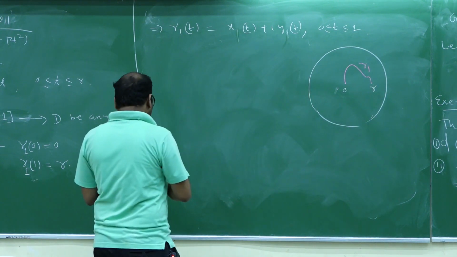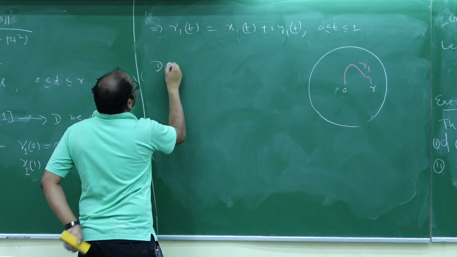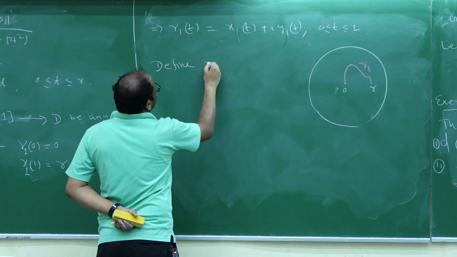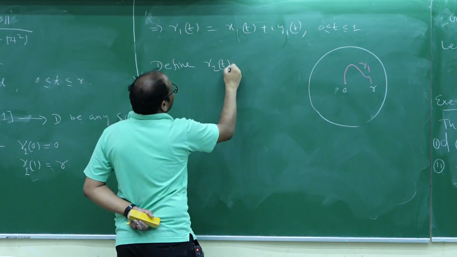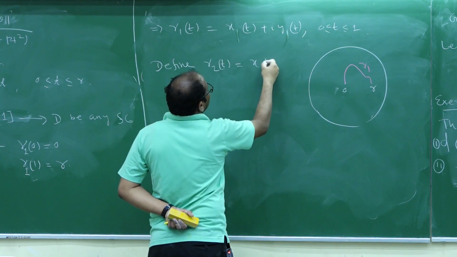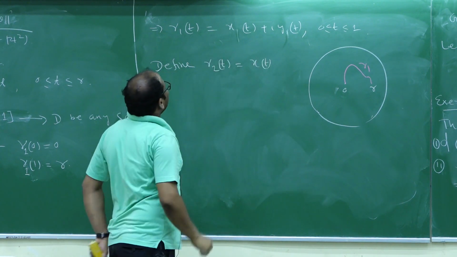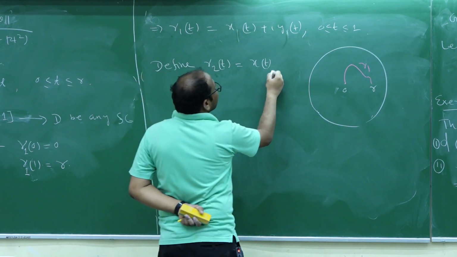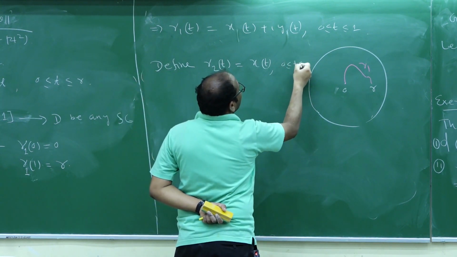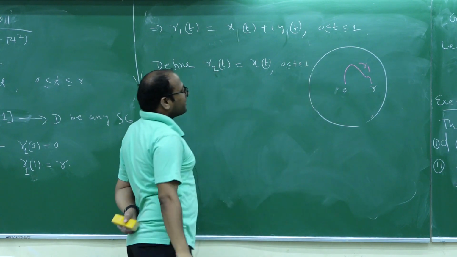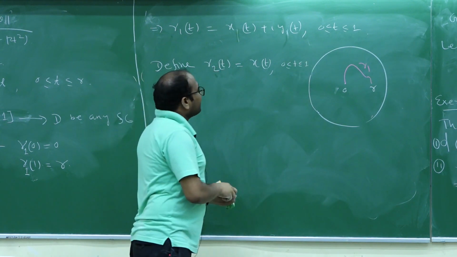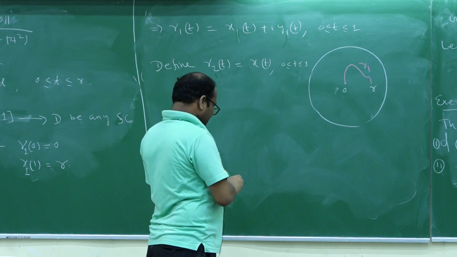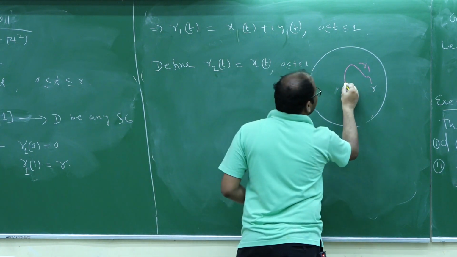Now I define a new curve, gamma 2(t). I am using this gamma 1, I am defining gamma 2. This gamma 2 is x2, and the domain is 0 to 1, and what is gamma 2(t)? Gamma 2(t) is this basically.